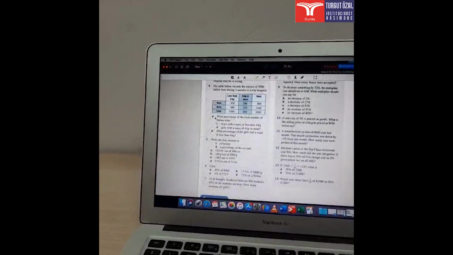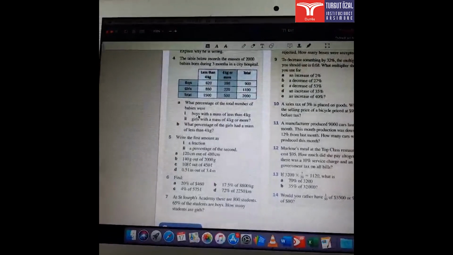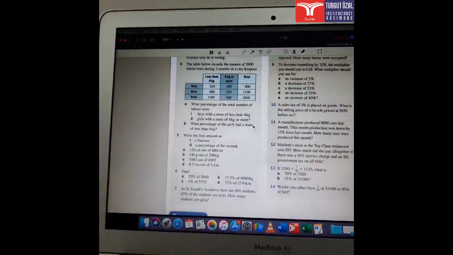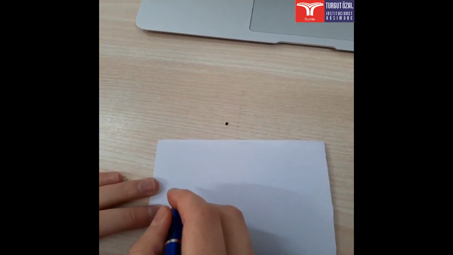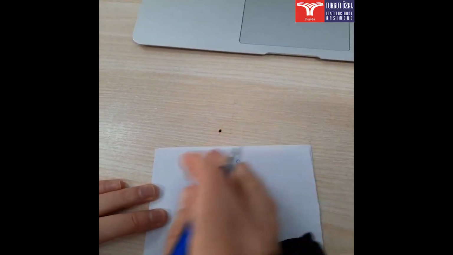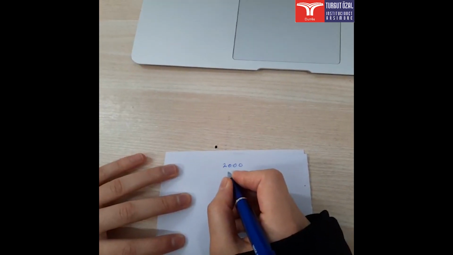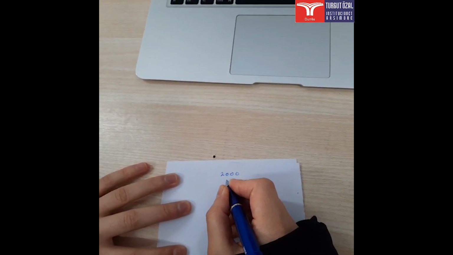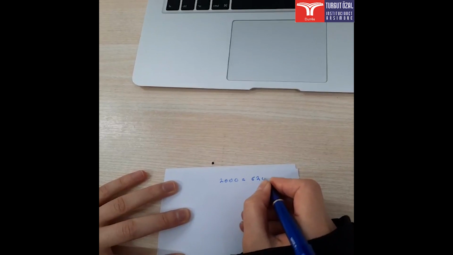A. We have to find what percentage of the total number of babies were boys with a mass of less than 4 kilograms. Okay, let's continue with the solution. We know that the total number of babies was 2000. We have to find the percentage of boys, when we know that the number of boys less than 4 kilograms is 620.